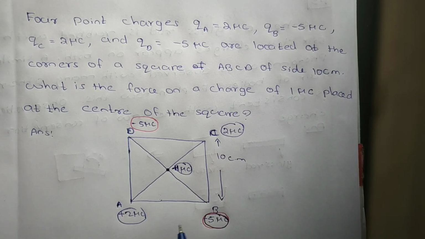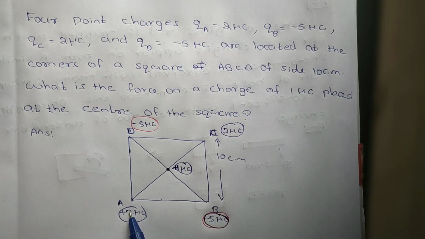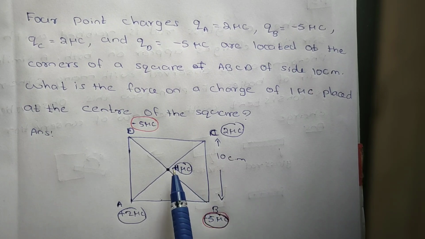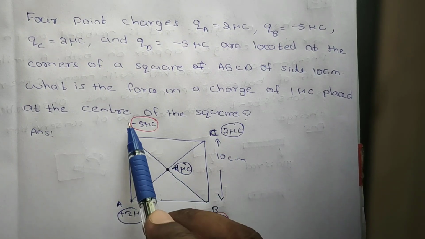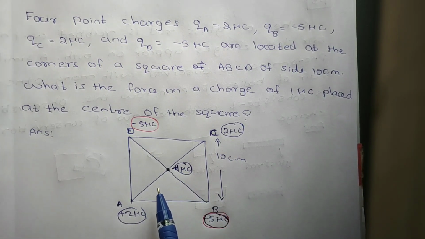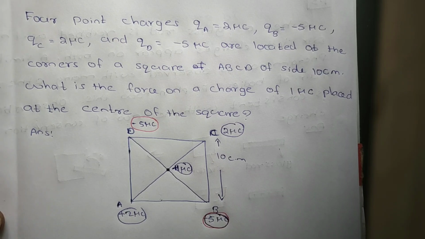That means we will find the force on this charge due to each charge separately, and then find the vector sum. Then we will get the net force acting on it.